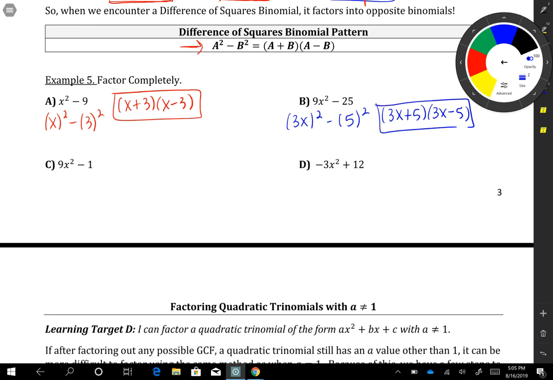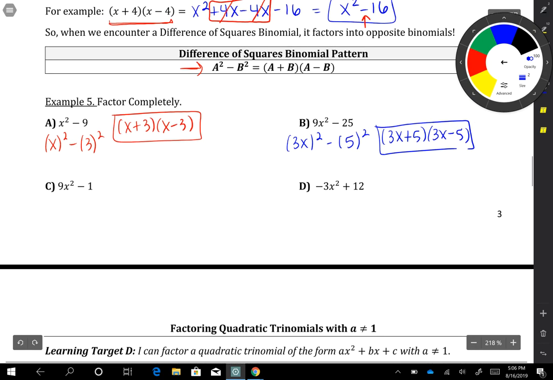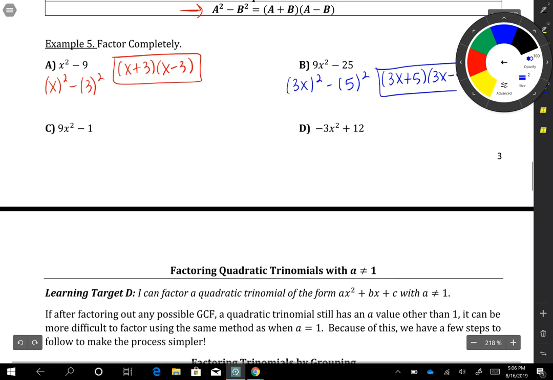Moving on to letter C, it's almost a little easier than letter B. It's 9x squared minus 1. Well, we already knew from letter B that the square root of 9x squared is 3x, and we know the square root of 1 is 1. So this is going to be 3x plus 1 times 3x minus 1.